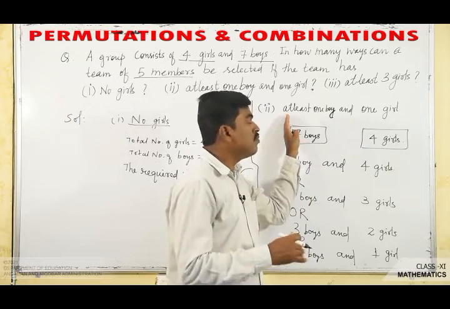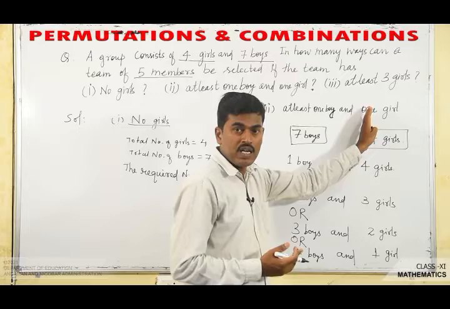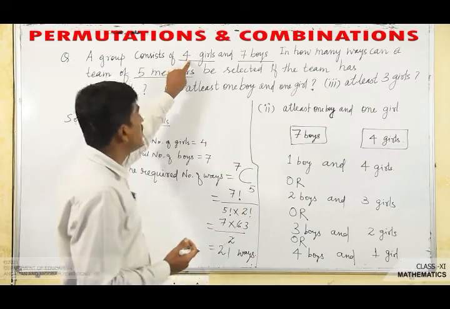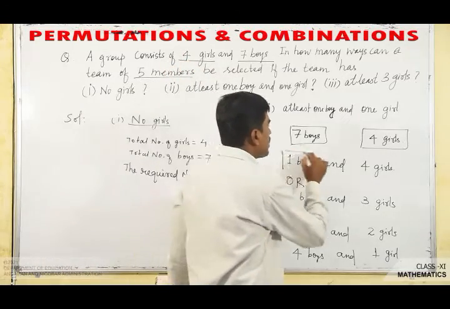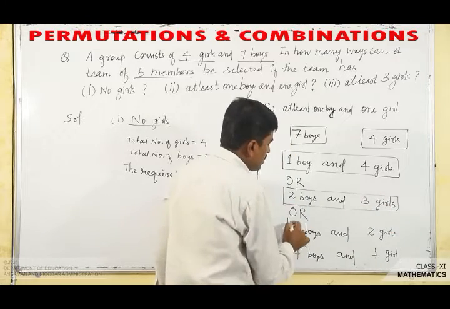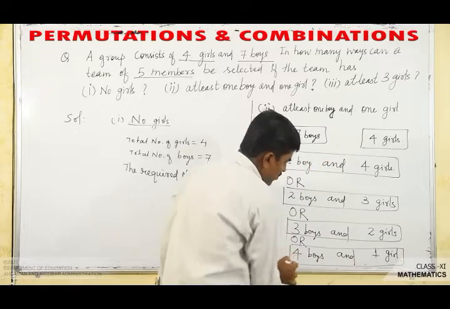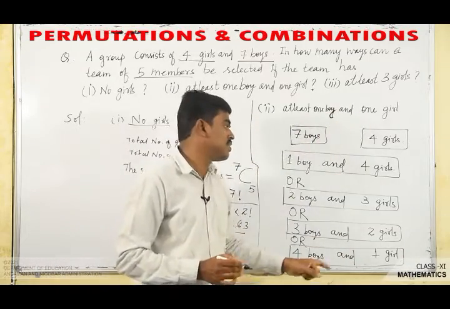That means it may be more than one boy or equal to one boy, similarly more than one girl or equal to one girl. But it should be less than the total number of boys and girls. So these are the 4 cases in which this can be done. That means the 5 members can be selected in which at least one boy and one girl is there.